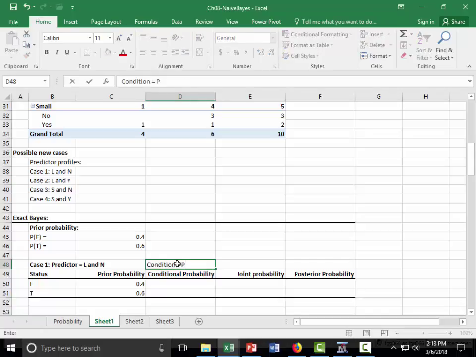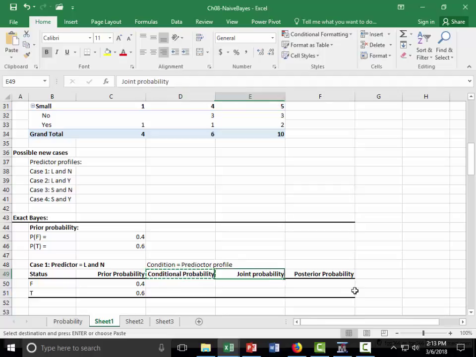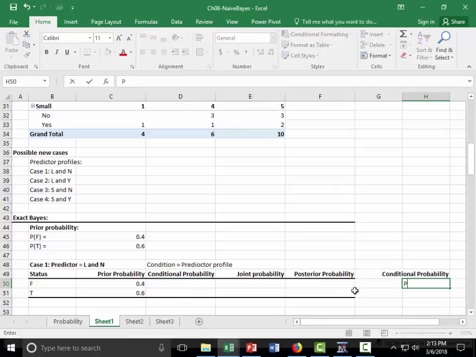The condition here is the predictor profile, which is L and N. So what we want here is the probability of L and N, which is the event that is presenting itself to us, given fraudulent and given truthful.